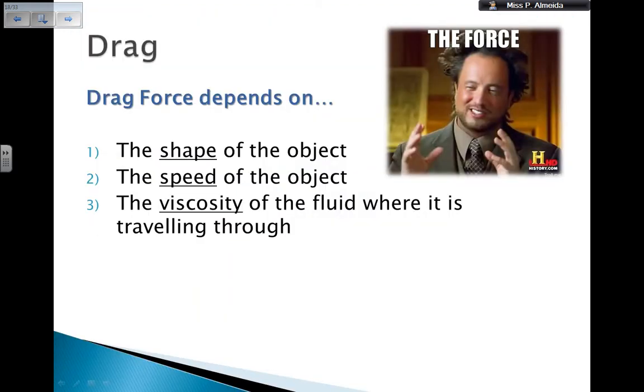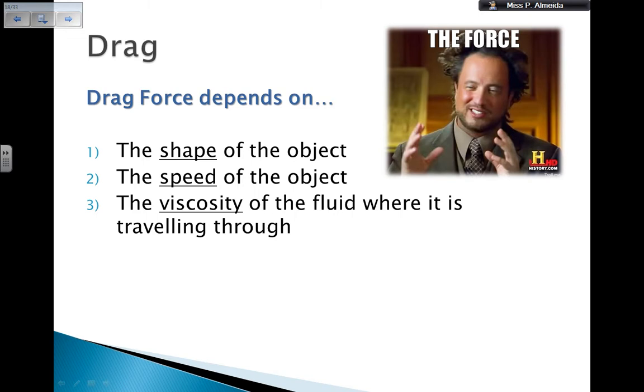Anyway, whenever you're falling through a fluid, or if you have a powered object, but it has some type of drag, so whenever anything is moving, you're going to face drag. So this is going to work either for the powered object or for the object falling through a fluid.